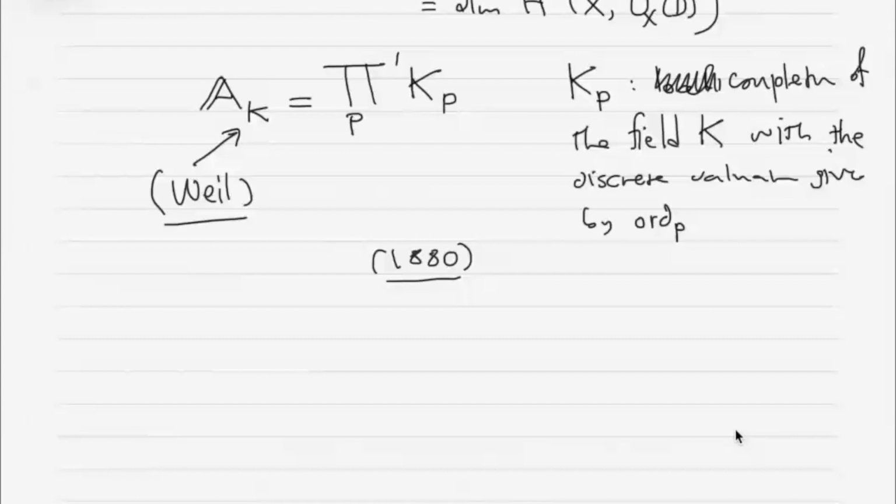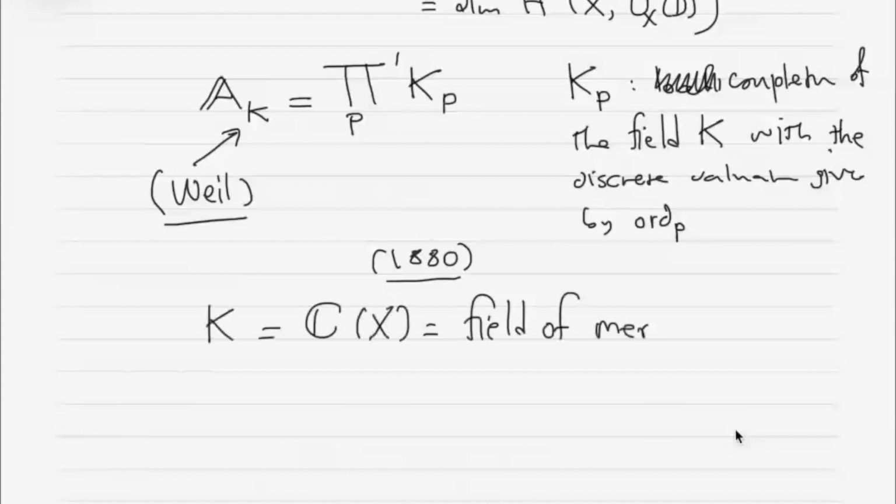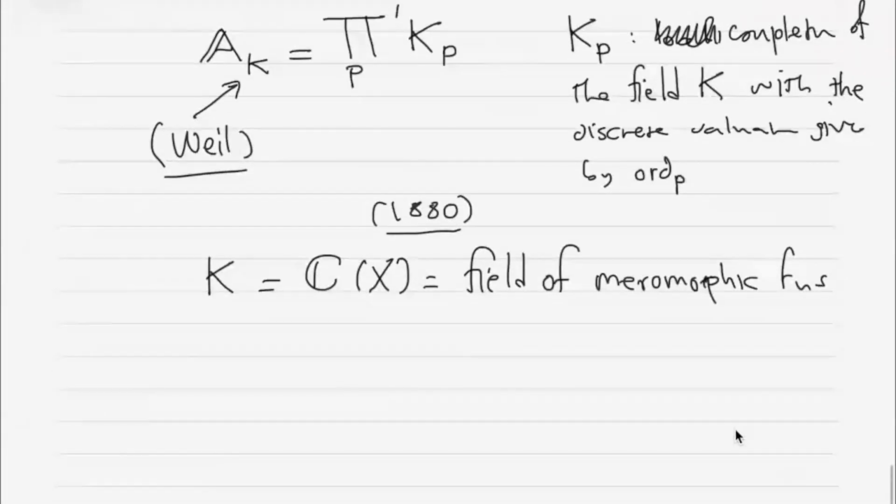So instead of working with the Riemann surface, Dedekind and Weber worked only with the field of meromorphic functions on the Riemann surface. And the notion of point on a Riemann surface was replaced by these discrete valuations v_P.